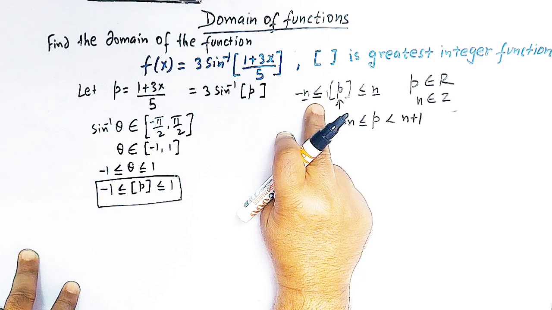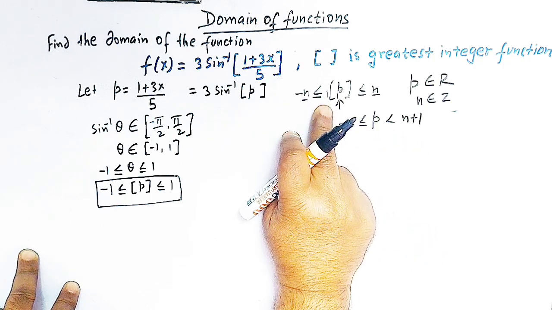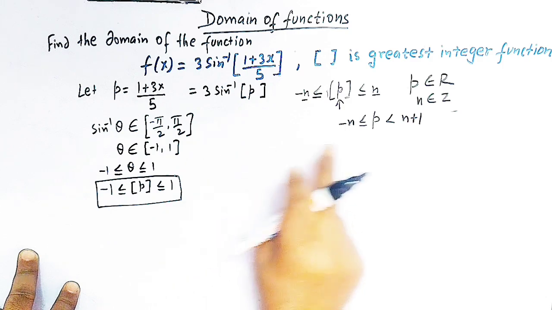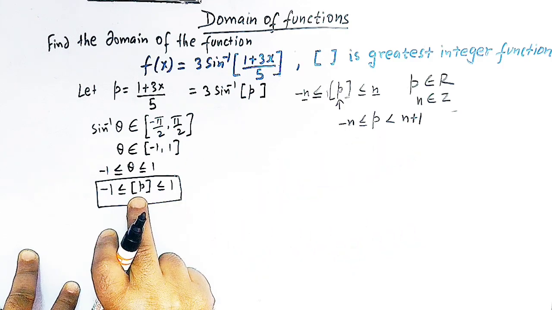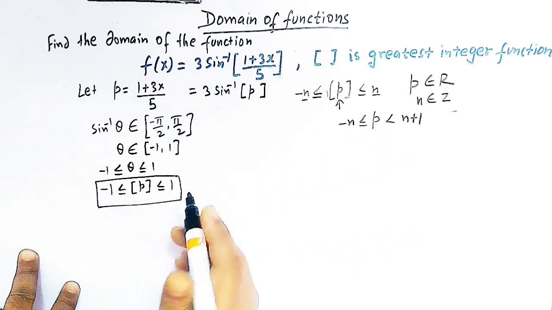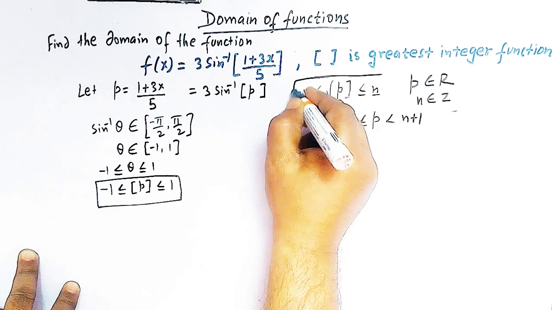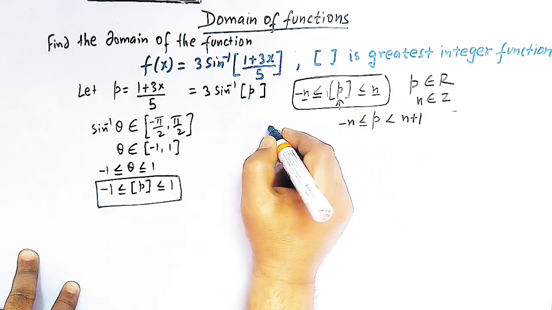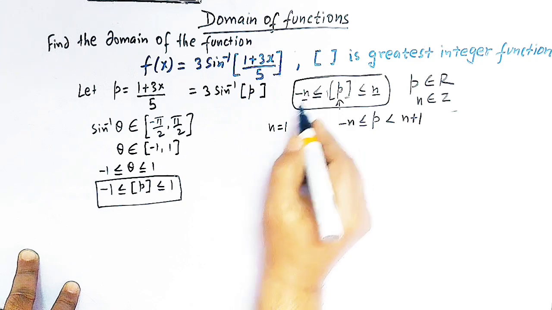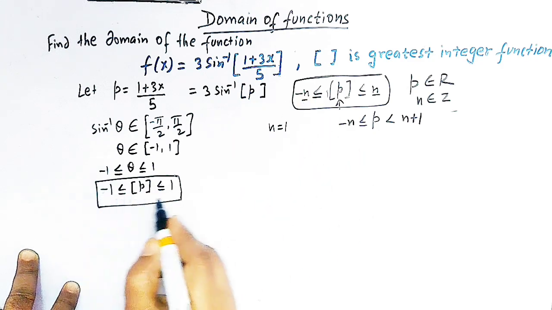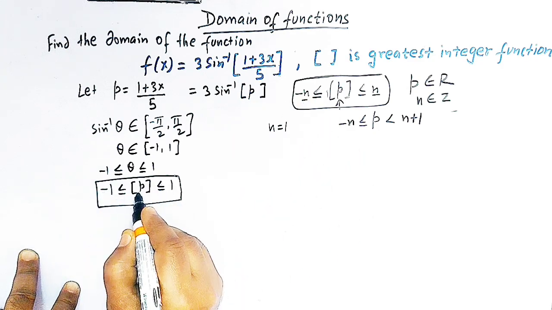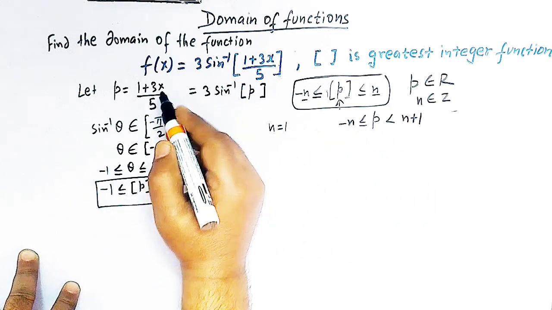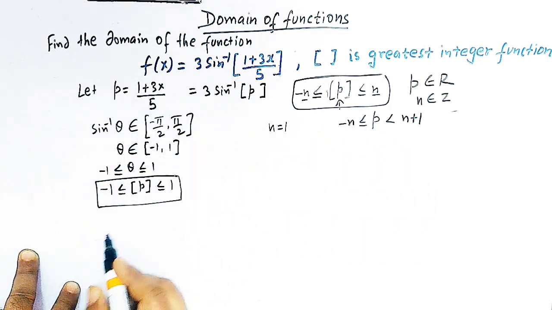We'll make use of this property. Comparing this inequality with ours, the value of n is 1, because here we have minus 1 and 1. So n is equal to 1 and p is 1 plus 3x over 5.